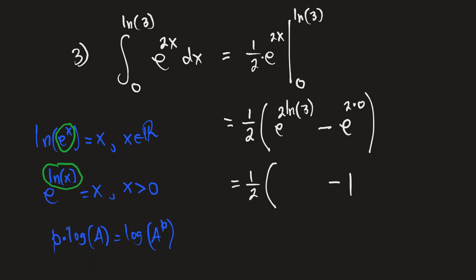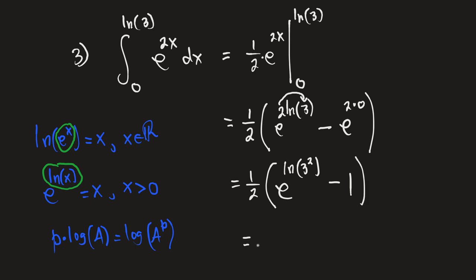So what it allows us to do is to take up not just constants, but an expression that is multiplying the logarithm, and make it a power of what's inside the logarithm. So this e to the 2 times the natural log of 3 can be simplified as e to the ln of 3 squared. So I bring up that 2, I make it an exponent there, and then I'll close my parentheses.